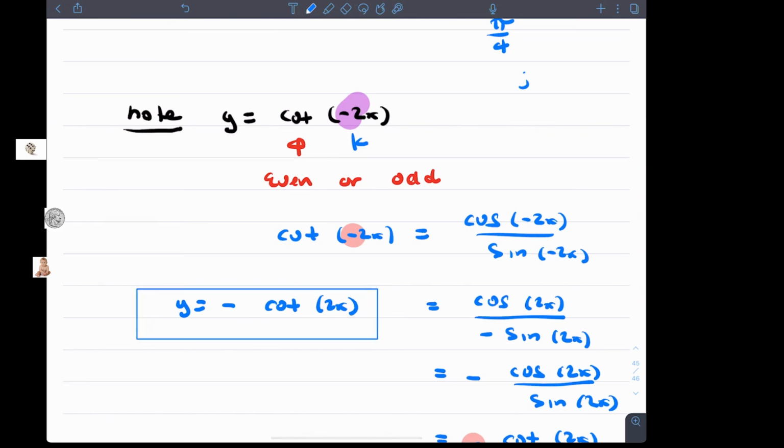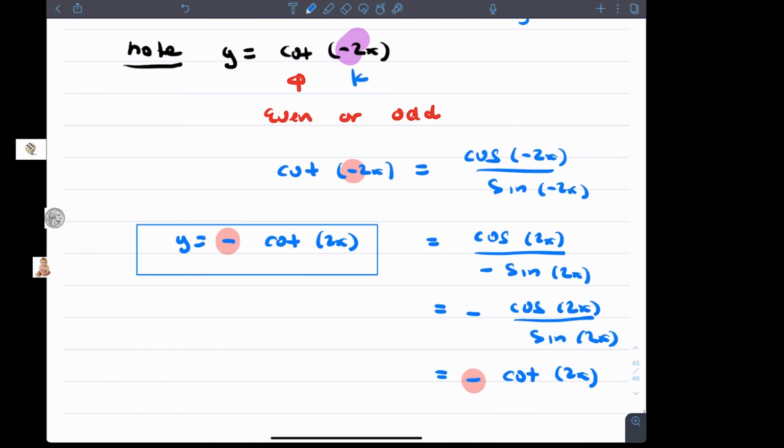And so if you had to sketch that graph, everything's the same, but it is reflected about the x-axis.